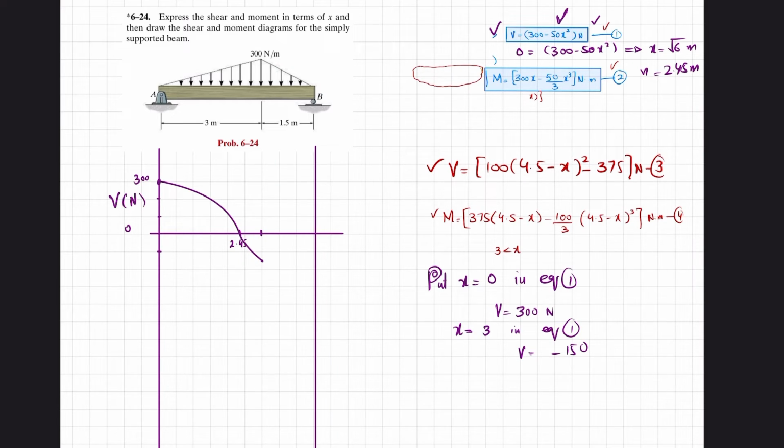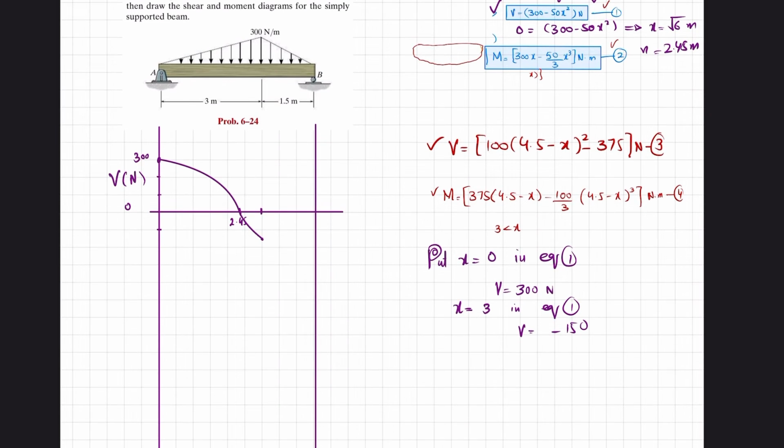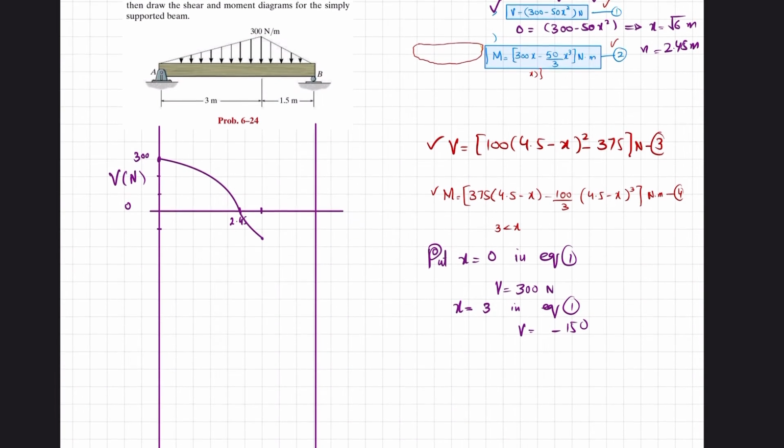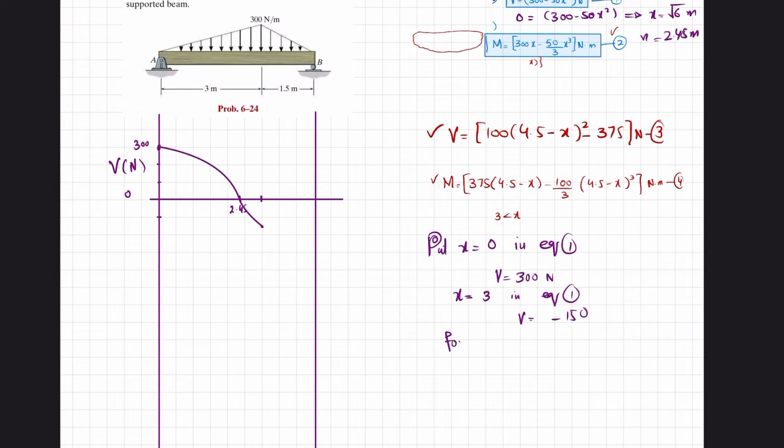Okay, now for x is greater than, for x is equal to 4.5 meter, put in equation number 3. So when you put x is equal to 4.5, you will get v is equal to minus 375.